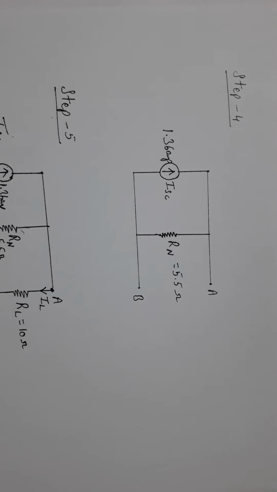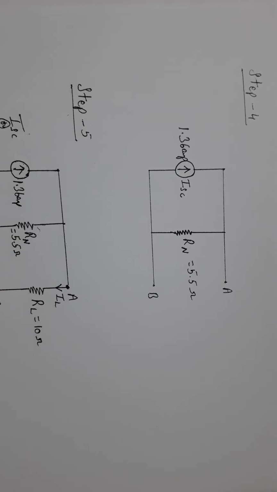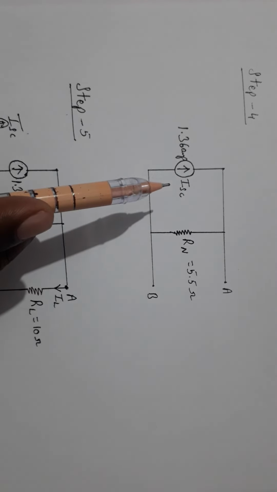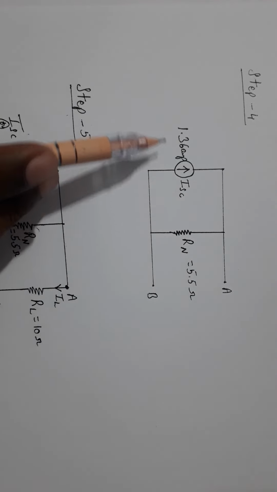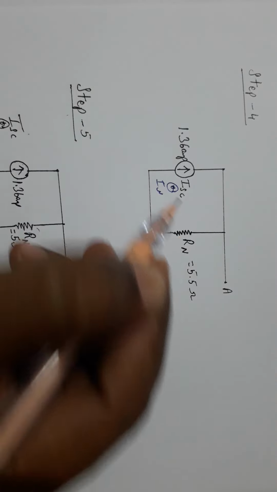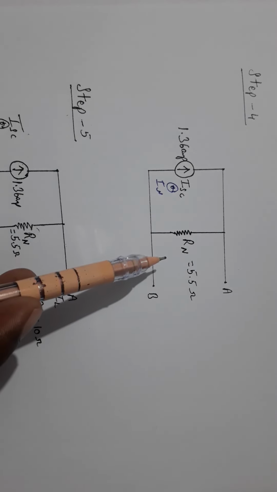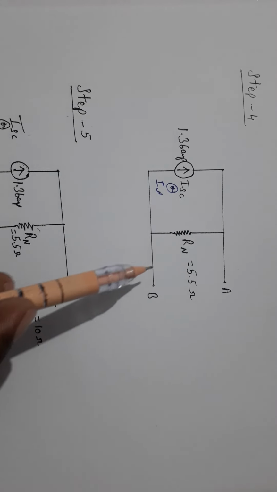Next, step 4. Replace the given network by a simple circuit containing a current source of current ISC or IN, Norton's current, and the looking back resistance RN, that means Norton's resistance, connected in parallel with it.